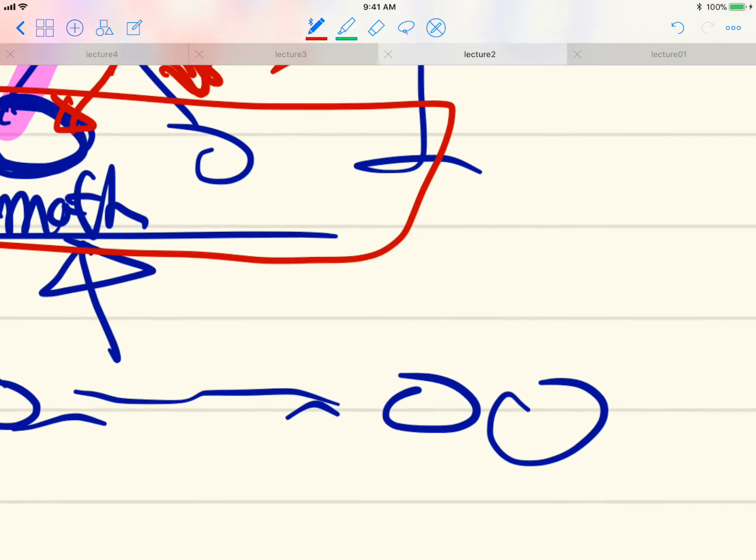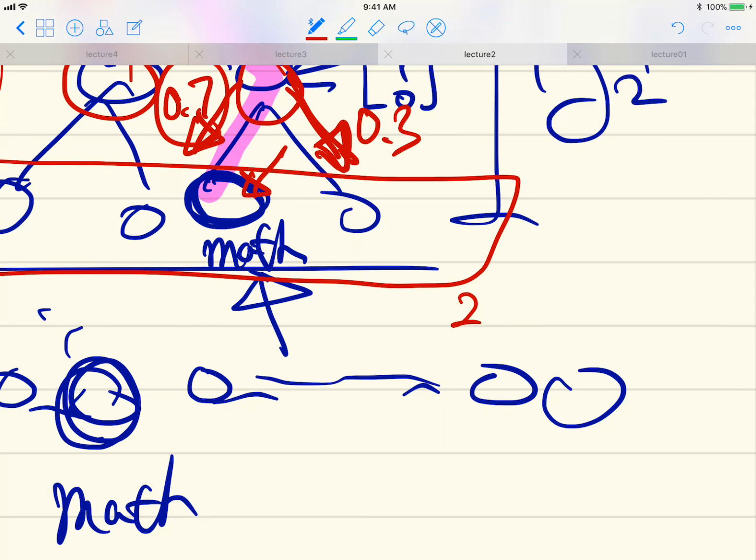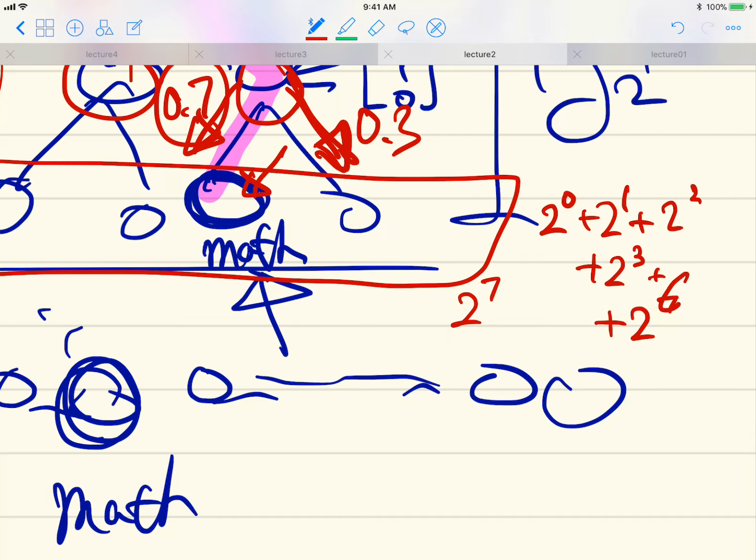So you can think of like 128 is 2 to the power of 7, right? And then what will be the internal node? So 2 to the power of 0 corresponds to the number of nodes at the highest level in our tree. And then 2 to the power of 1, 2, 3, and what? 2 to the power of 6, right?